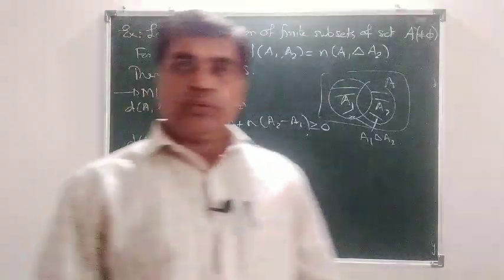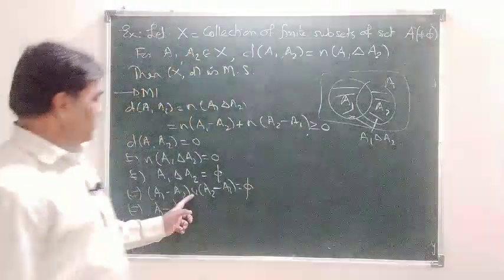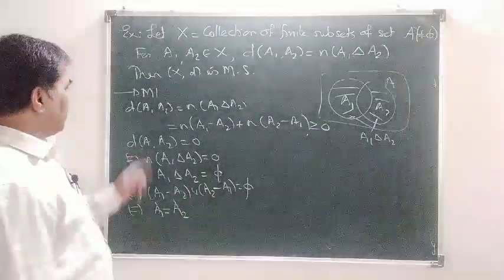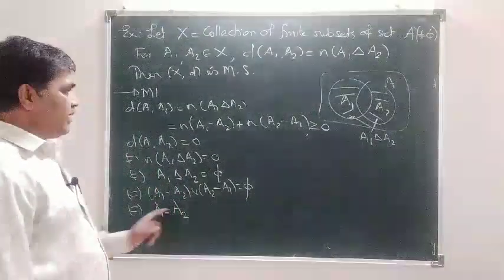If A1 equals A2, then we get the symmetric difference to be the empty set. So D of A1 A2 is 0 if and only if A1 equals A2.